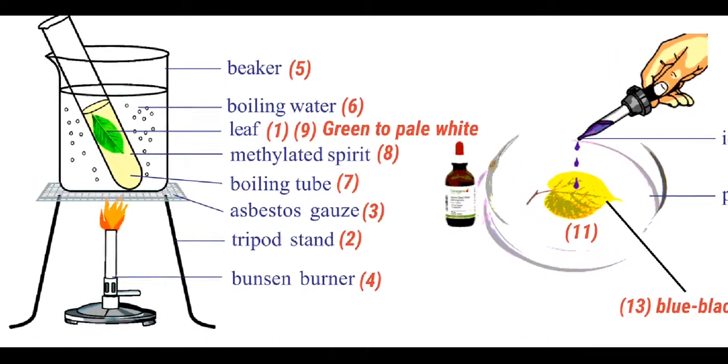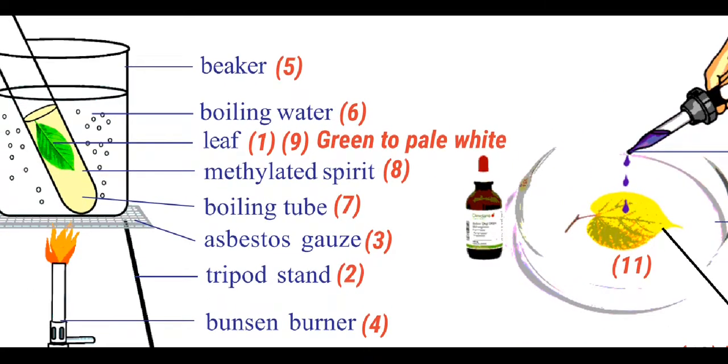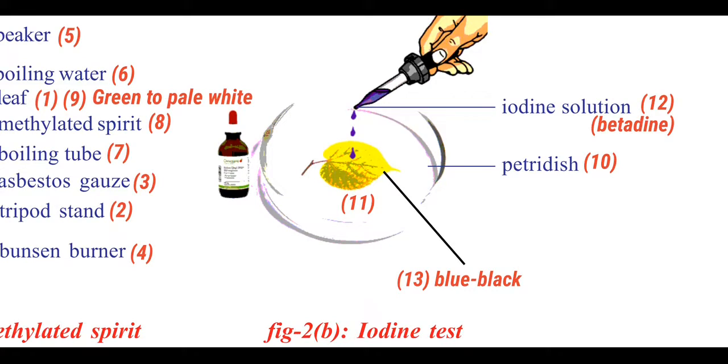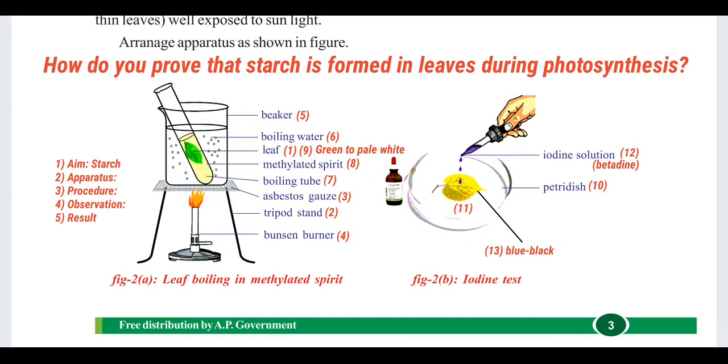The observation is that in the methylated spirit after boiling, the green leaf turned into pale white color, and when you pour iodine solution, that pale white colored leaf has turned into blue black color. So we have written the entire answer by seeing the diagram. If you are thorough with your diagram, you get marks for the diagram, you will get marks for the notes also.